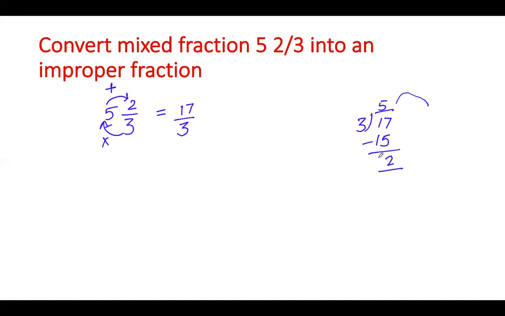So how can we write this as a mixed fraction? We know that 2 is the remainder, 5 is our quotient, and 3 is the divisor we divided by. The divisor remains the same, the quotient goes in front, and in the numerator we write the remainder, which is 2.